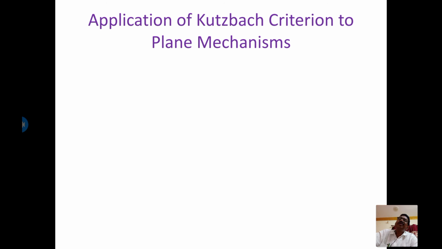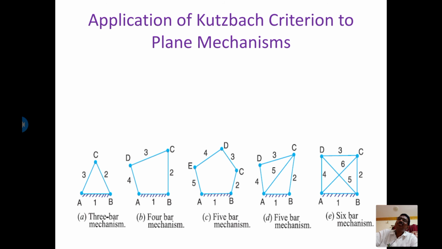From this condition we can look at applications of the Kutzbach criterion to plane mechanisms: first the 3-bar mechanism, 4-bar mechanism, 5-bar mechanism, another 5-bar mechanism, and separately a 6-bar mechanism. These are the different mechanisms to which we apply the Kutzbach criterion, and then we can check how many degrees of freedom we have.